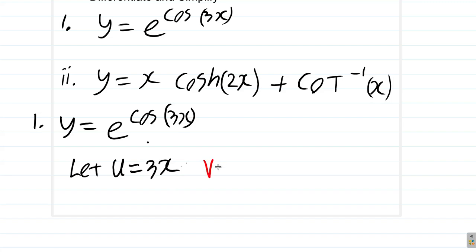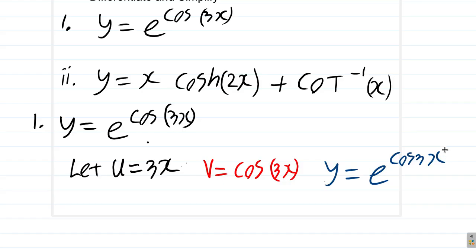Let v equals cos u, or let's write cos 3x for now. And then of course y equals e to the, it would be what? E to the cos 3x.